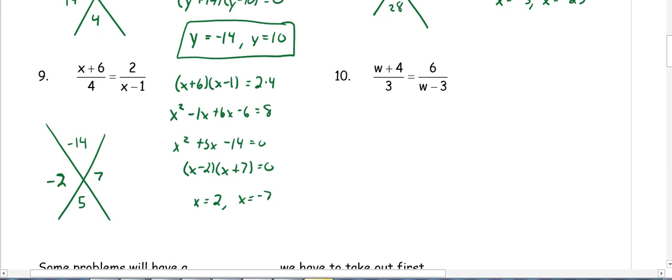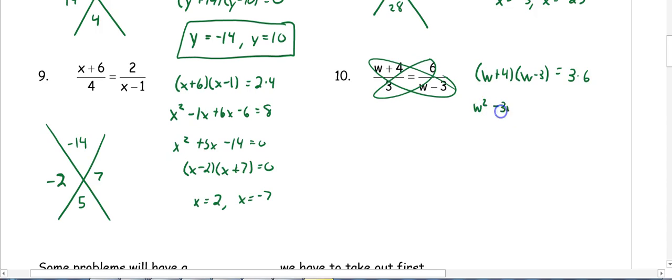In number 10, we would have w plus 4 times w minus 3 equals 3 times 6. So we get w squared minus 3w plus 4w minus 12 equals 18. So we can subtract the 18 from both sides.